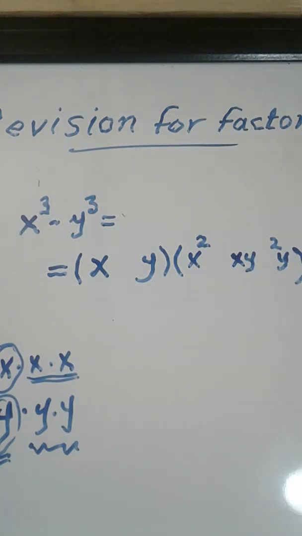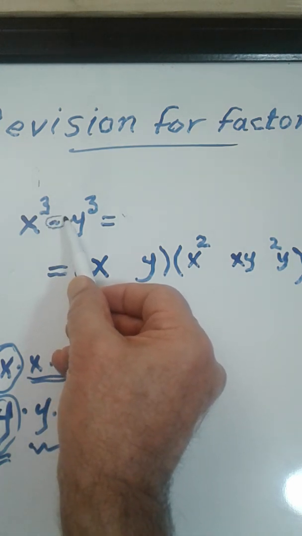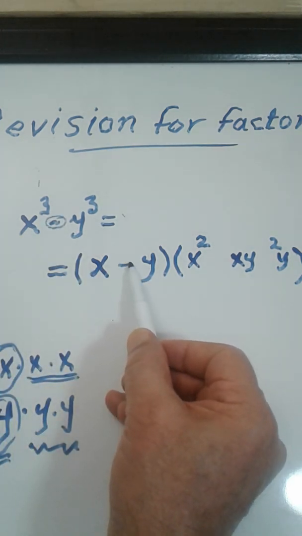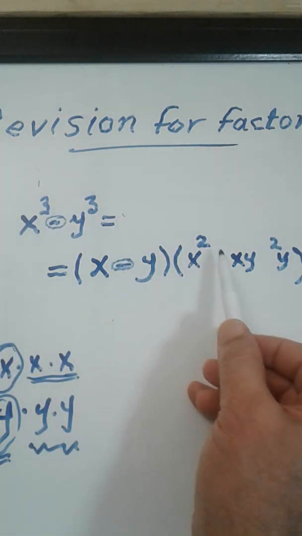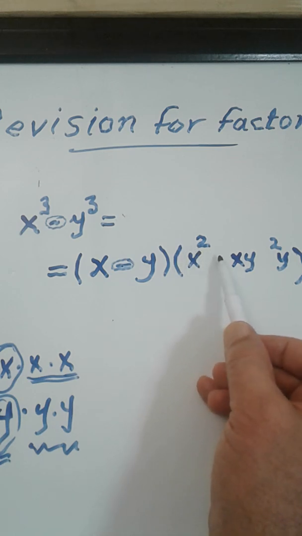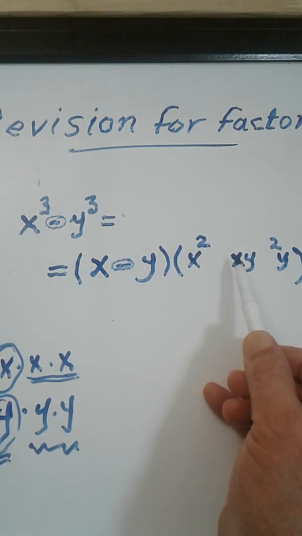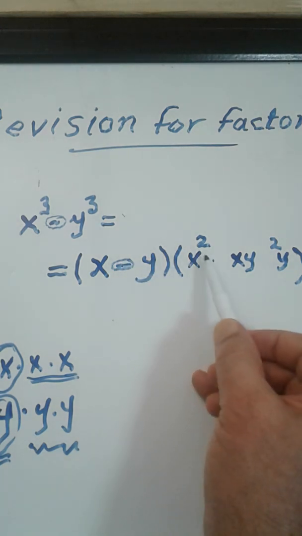Now look at the signs. As this is negative, or minus, we write here minus, the same sign. And the sign in the middle, after the x squared, will not be this one; it will be plus.